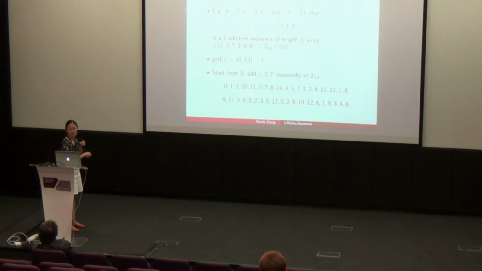So it comes to the beginning again. So it forms a big cycle, and you can check any two elements of this Z13 appear in this cycle exactly once.